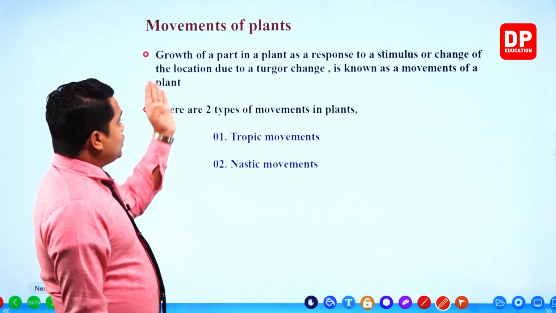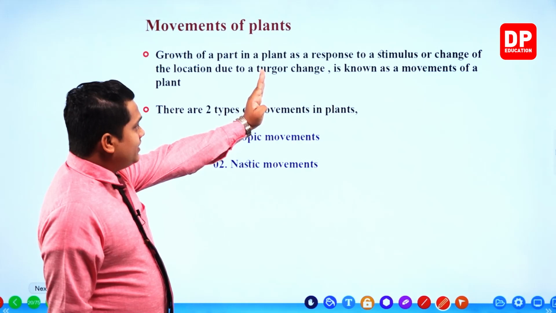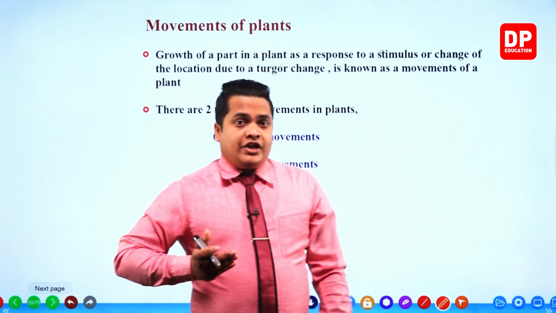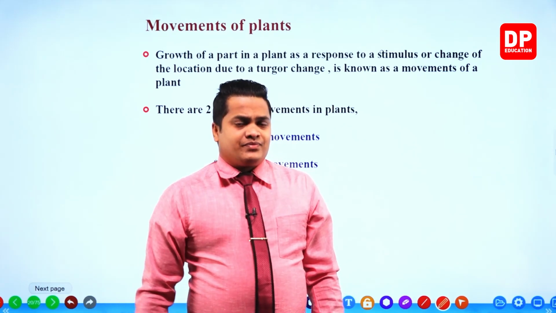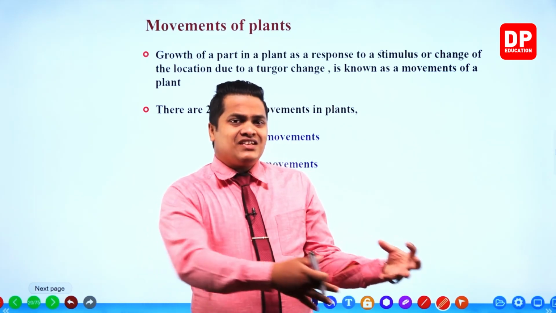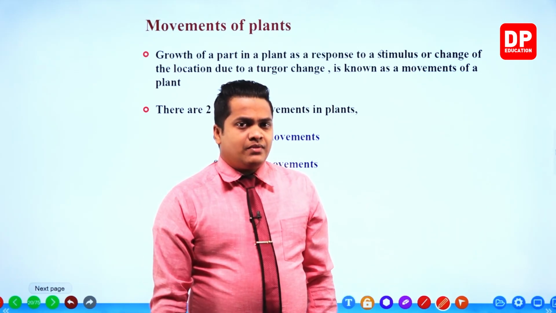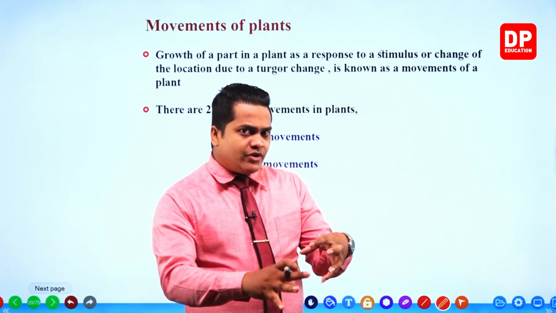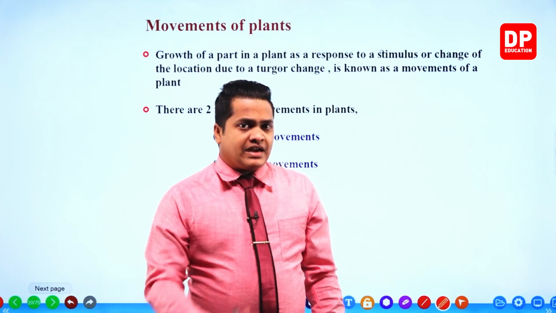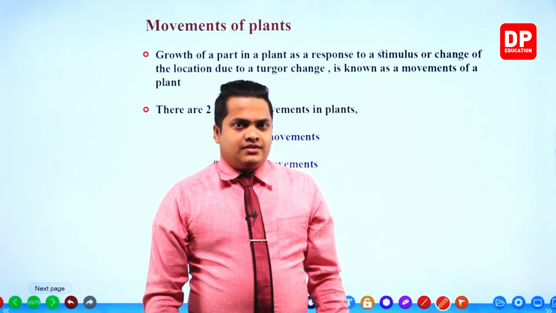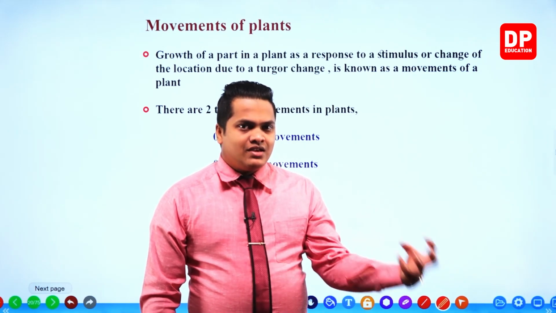Growth of a part in a plant as a response to a stimulus. So it should give out a certain stimulus. Due to a certain change in the environment, the plant is going to respond according to it. The response given is the growth.